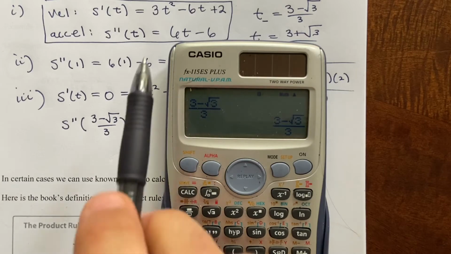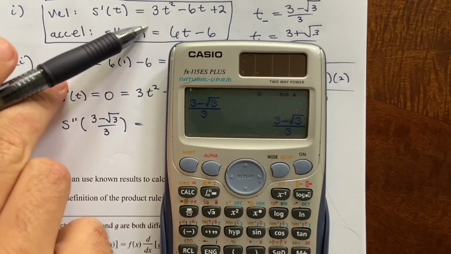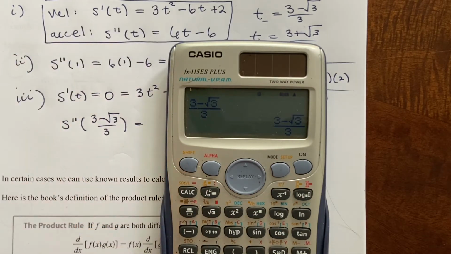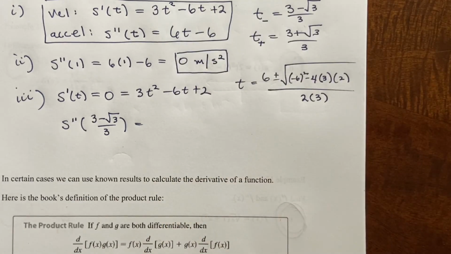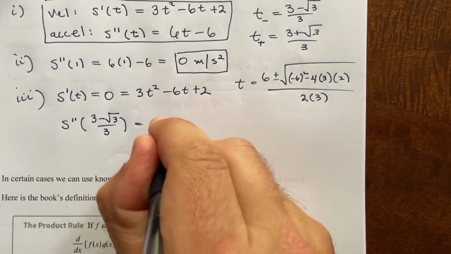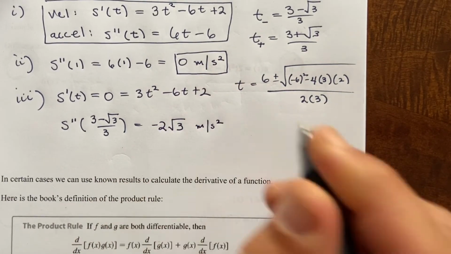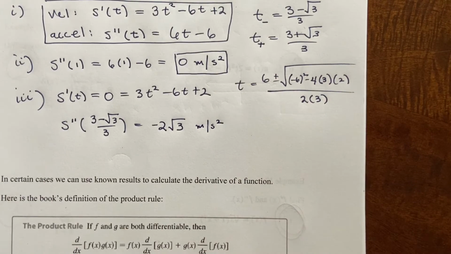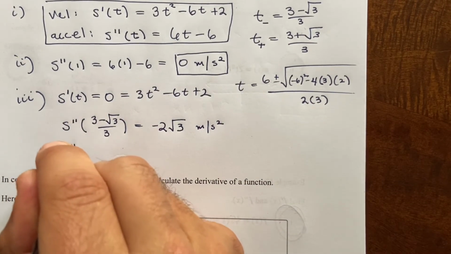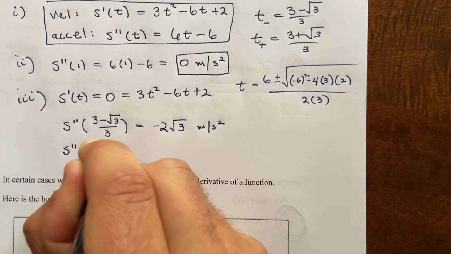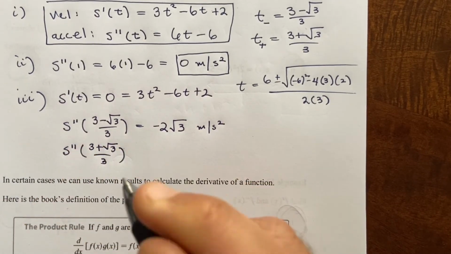So now plugging this back into here, our acceleration function. So 6 times, and then I can use the answer, minus 6. So I get negative 2 root 3. So we have a negative acceleration there. And this would be meters per second squared. And then s double prime of 3 plus root 3 over 3.